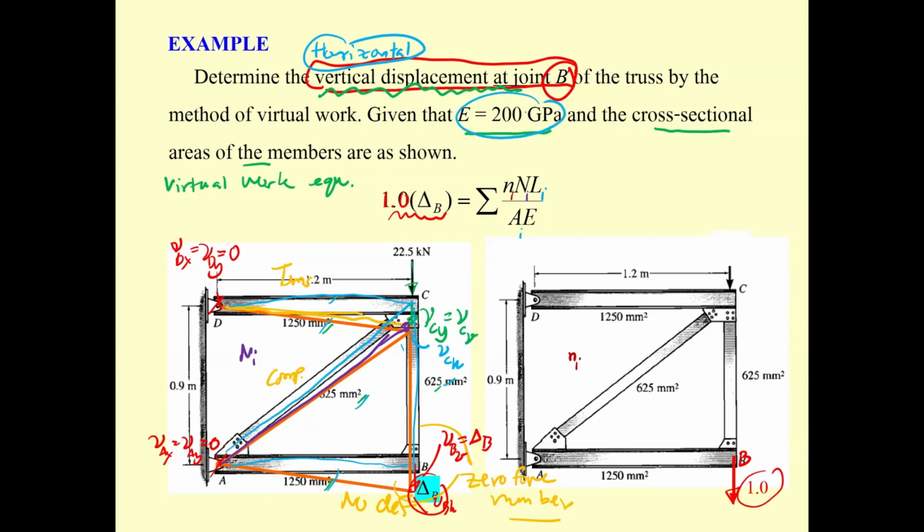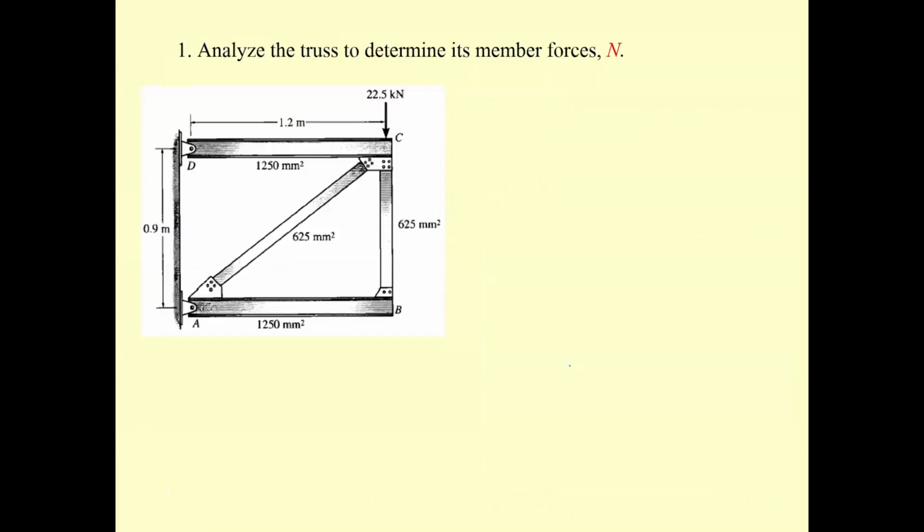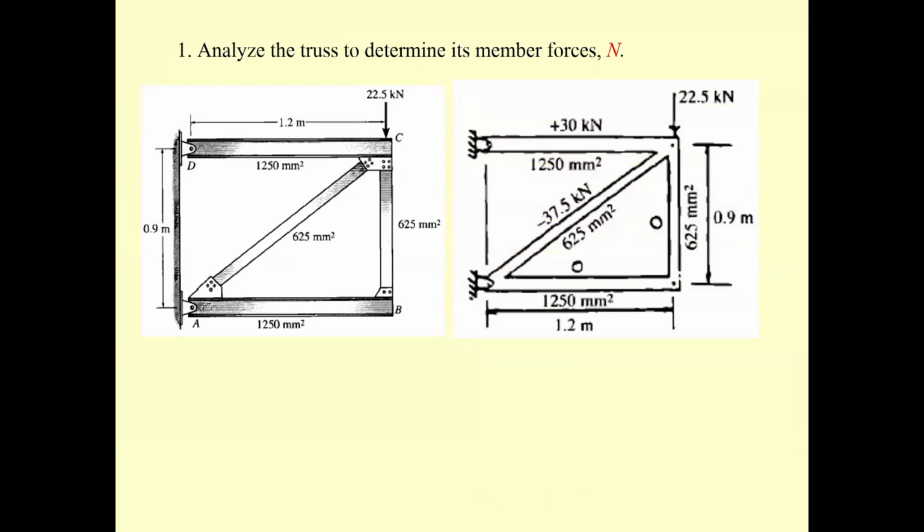The problem is there are a number of calculations, so it's better to put them in a table. Do the computation, capital N over here, small n from here, and then put them into the equation. Now, do the calculation for the capital N. You may use any method, such as the method of joints. Just take this one at point C. The applied force is going to be 22.5 kilonewton.